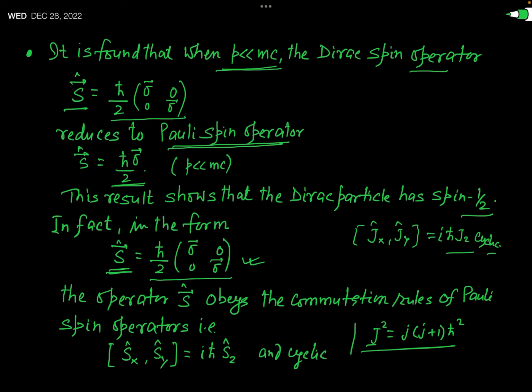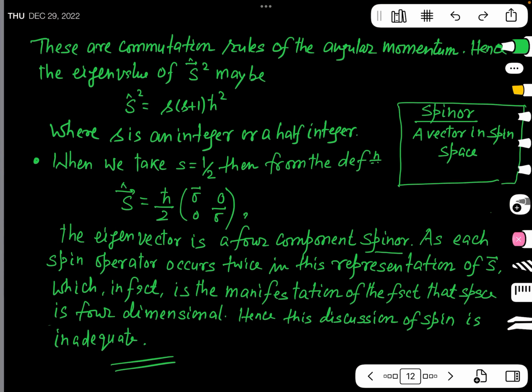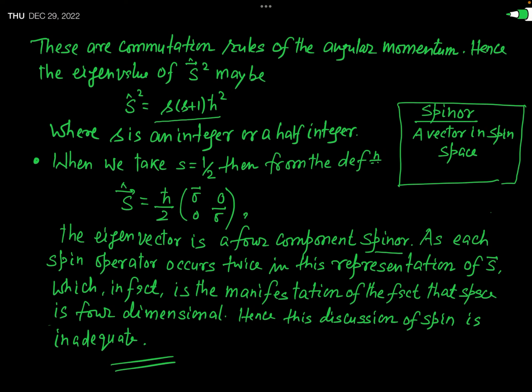Instead of j, we write the quantum number s, called the spin quantum number. The eigenvalue of the operator s square is s into s plus 1 into h bar square. Here s is either an integer or a half integer.